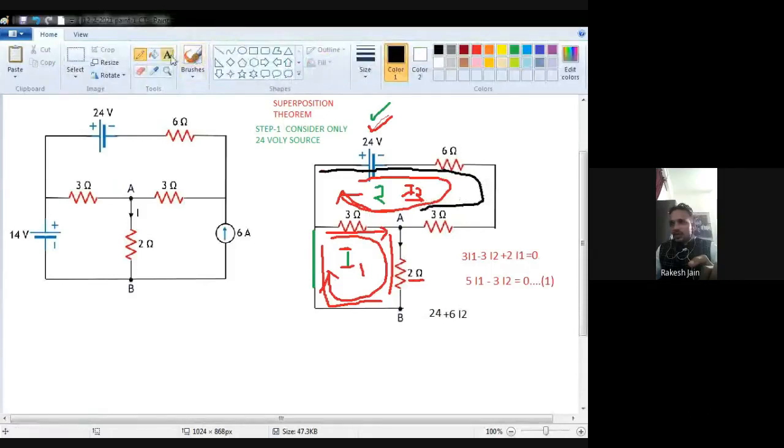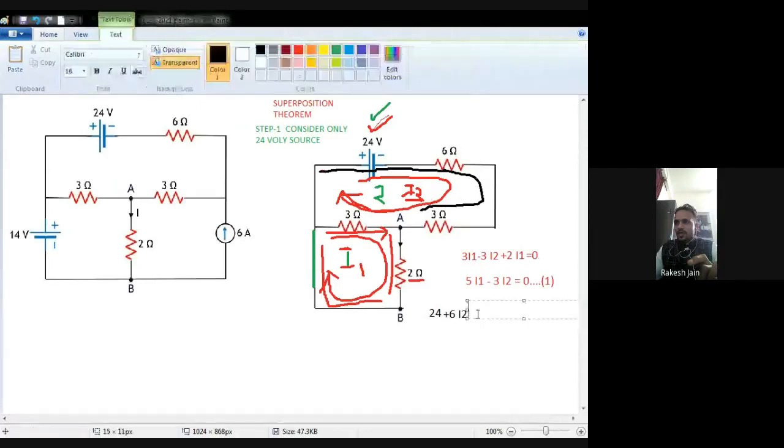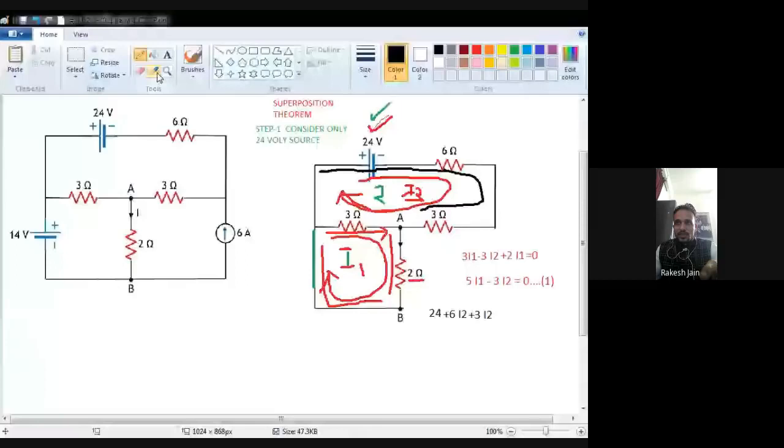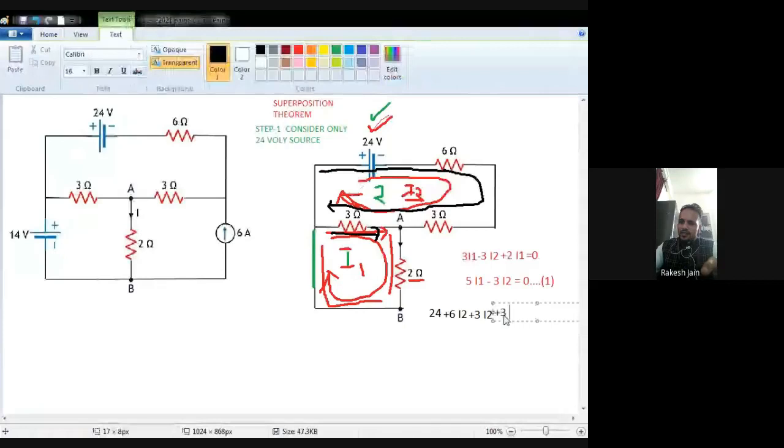It means both currents are opposite, but because I am writing the equation for the first mesh, I1 current is positive and I consider this I2 current as negative. So 3I1 minus 3I2. You can also check it in mesh analysis videos, so you will understand what I want to say.